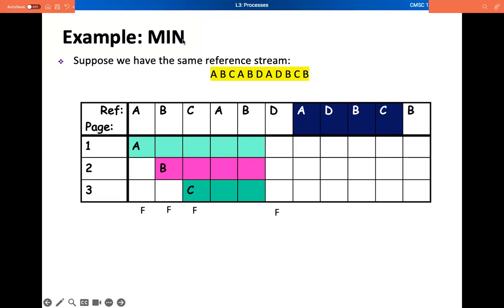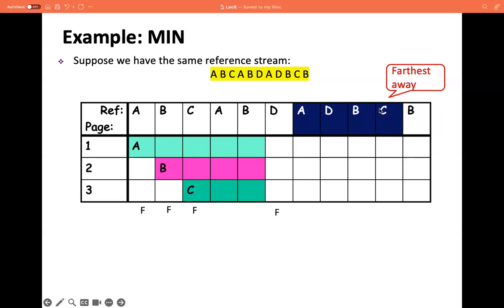Okay, and then next we are going to load D. In the optimal or the minimum, what we are going to do is look into the future. In the reference stream, we can see that the next pages that are queuing after D are A, D, B, and then C. So we are going to look at the farthest away.